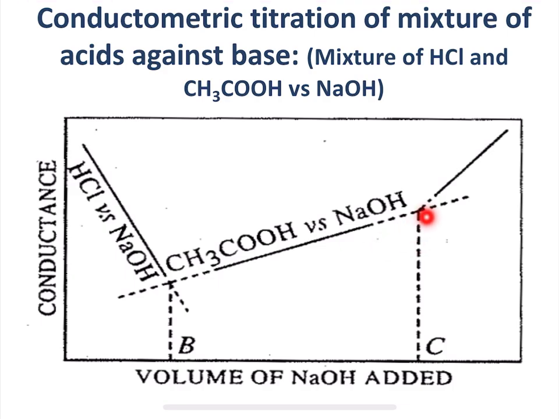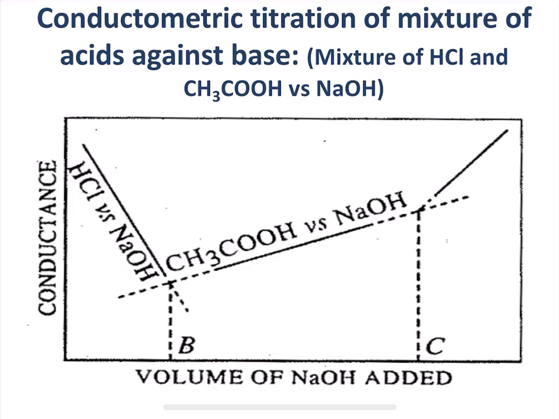By the difference between the volumes of NaOH added, from here till here, that volume is utilized to neutralize hydrochloric acid, and from B to C, the volume used corresponds to the neutralization of acetic acid.